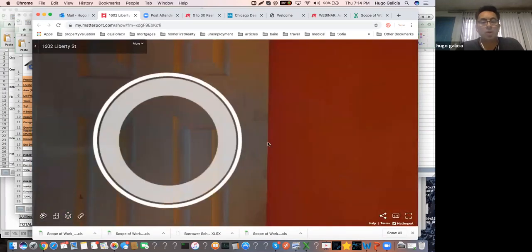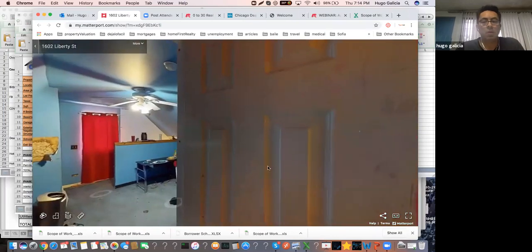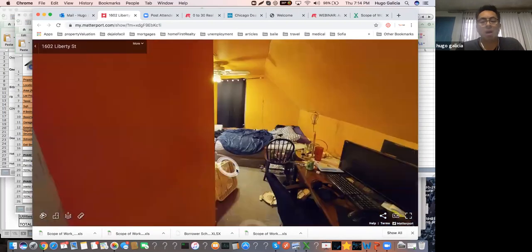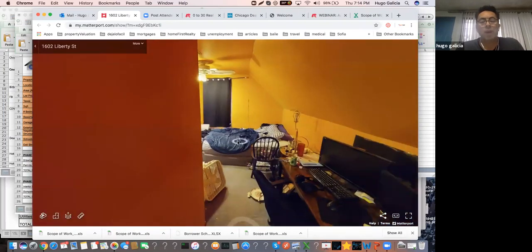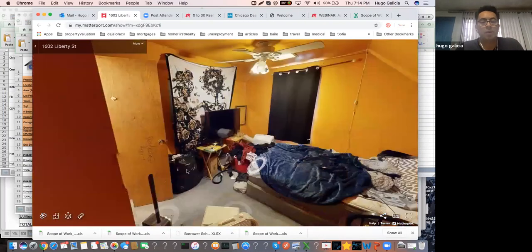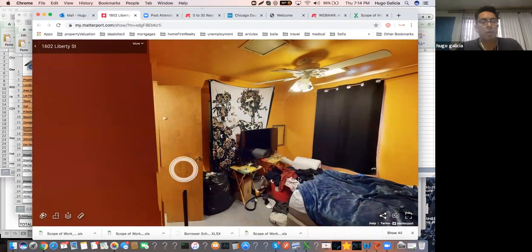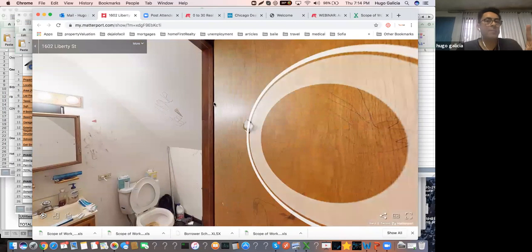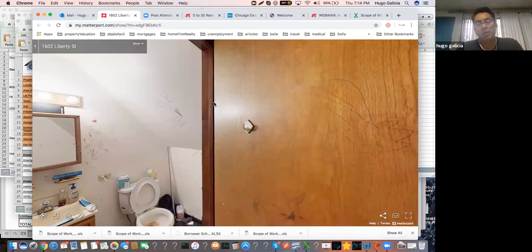So this orange room, we're inside the orange room. This orange room does not have a closet. Okay, so you have the bed. When you turn around, you just enter the bathroom right here. There's no closet, right? So technically, this is not a legal bedroom. Does that make sense?